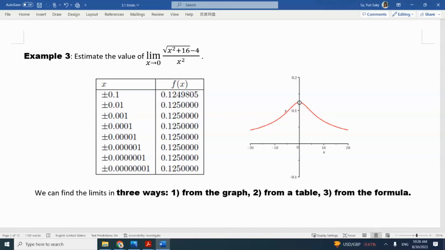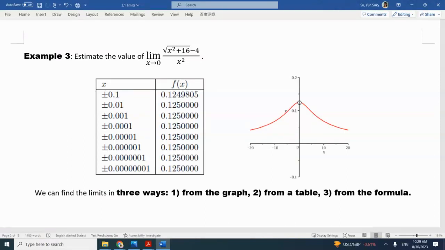Even though we have an open circle here, right, everybody? That means this point is not defined. But we can tell this is the limit. And this is 0.1, right? This is 0.2. And then here will be 0.15, right? And the number between 0.1 and 0.15 is 0.125. So it matches with this answer.